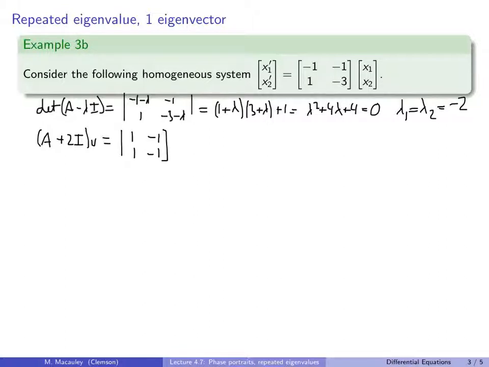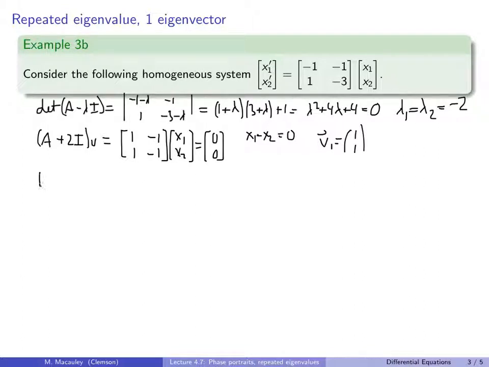Actually, I should make that a matrix and not a determinant. Times x1, x2 equals 0, 0. So we have that x1 minus x2 equals 0. So we get that x1 equals x2. So v1 is 1, 1. This is an eigenvector, and it's the only one that we have.